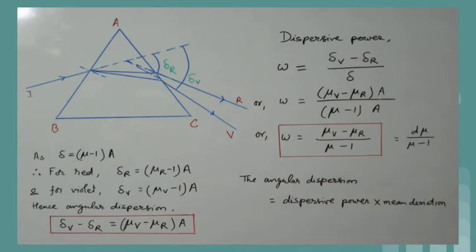So, ω is equal to (δ_V minus δ_R) divided by δ, which is equal to (μ_V minus μ_R) times A divided by (μ minus 1) times A, or ω is equal to (μ_V minus μ_R) divided by (μ minus 1), which can also be expressed as dμ by (μ minus 1). The angular dispersion is therefore equal to dispersive power into mean deviation.